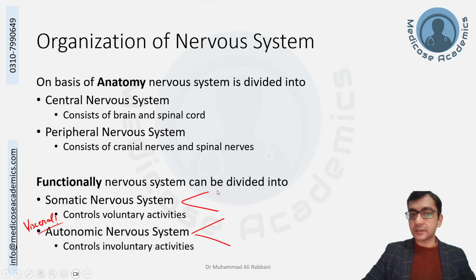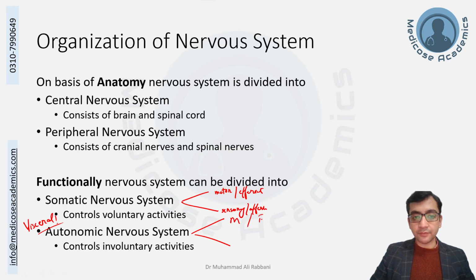One is the outgoing signal, the motor component, also known as the efferent component. The other one is the sensory component, also known as the afferent component. So these are the two divisions. The same will be here: motor or efferent, sensory or afferent.